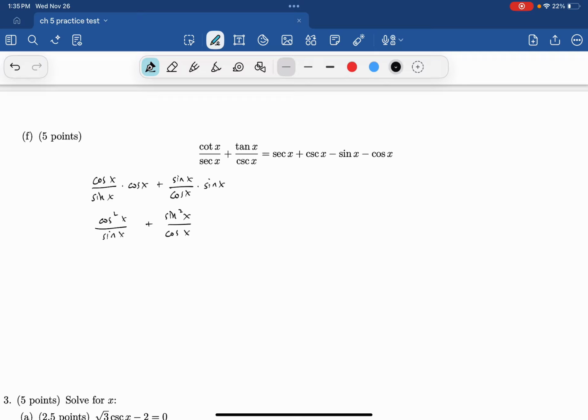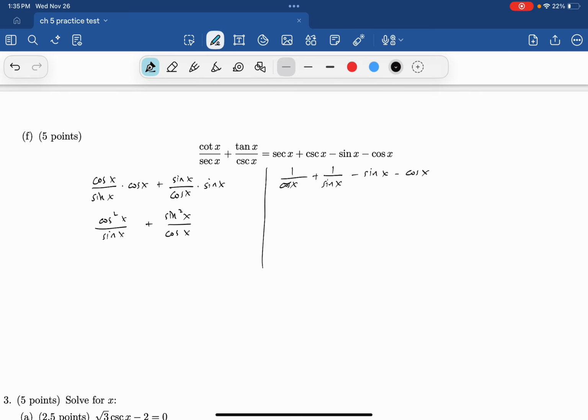So that's the left-hand side. And perhaps now we can start working with the right-hand side, converting those into sines and cosines. This is going to become 1 over cosine x plus 1 over sine x minus sine x minus cosine x.